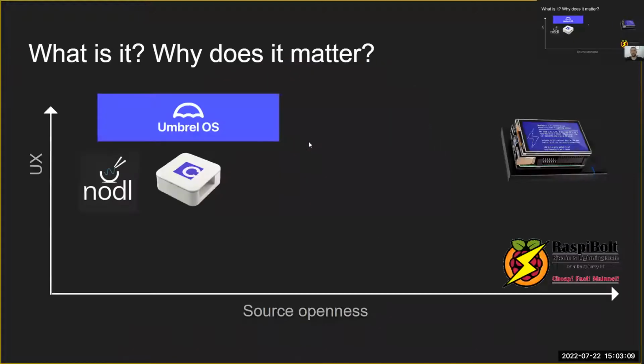So why is it cool? Overall, we've got a lot of these node products as packages in the ecosystem. Umbrel is probably the most well-known. Unfortunately, it's not fully free open source. If you would like to make some changes to it, it's complicated legally.